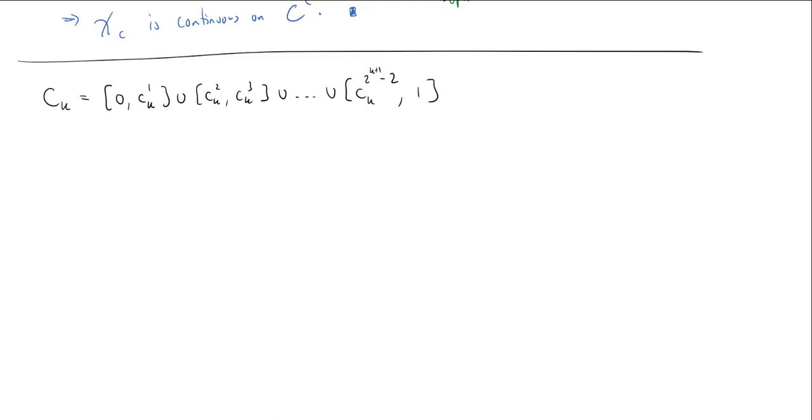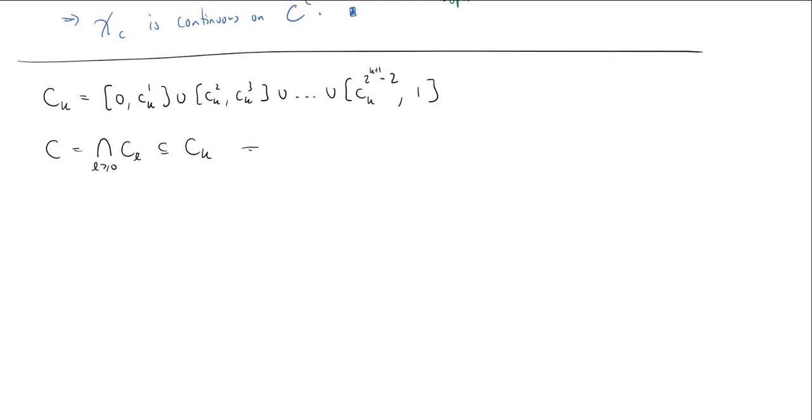All right. A little observation that we should make. We know that C, which is equal to the intersection over all C_L, say, L at least 0, is contained in this C_k. So every element in the Cantor set is contained in any one of the C_k.